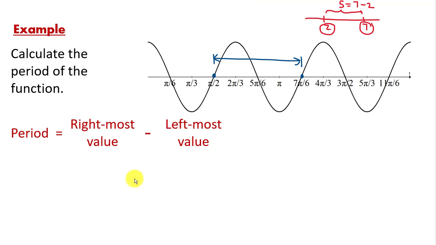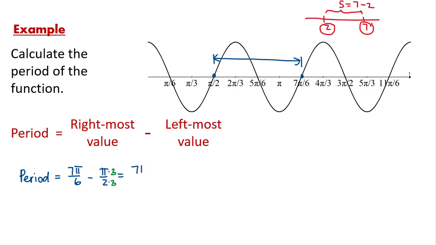To calculate the period, we're going to take the rightmost value and subtract the leftmost value. So for us, the rightmost value is 7 pi over 6, and the leftmost value is pi over 2. 7 pi over 6 minus pi over 2. To subtract these two fractions, they have to have the same denominator, so I'm multiplying the second one by 3 on the top and on the bottom.